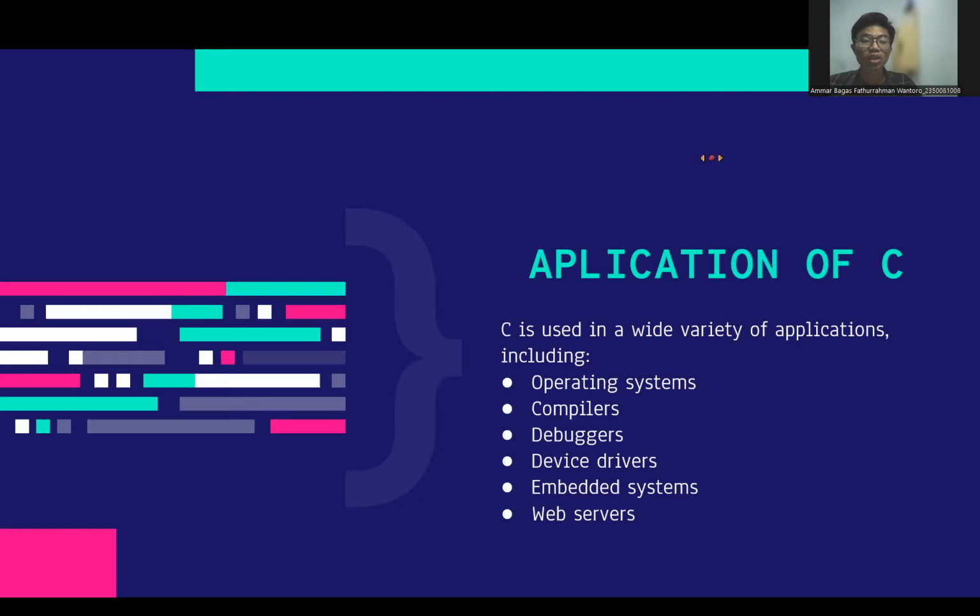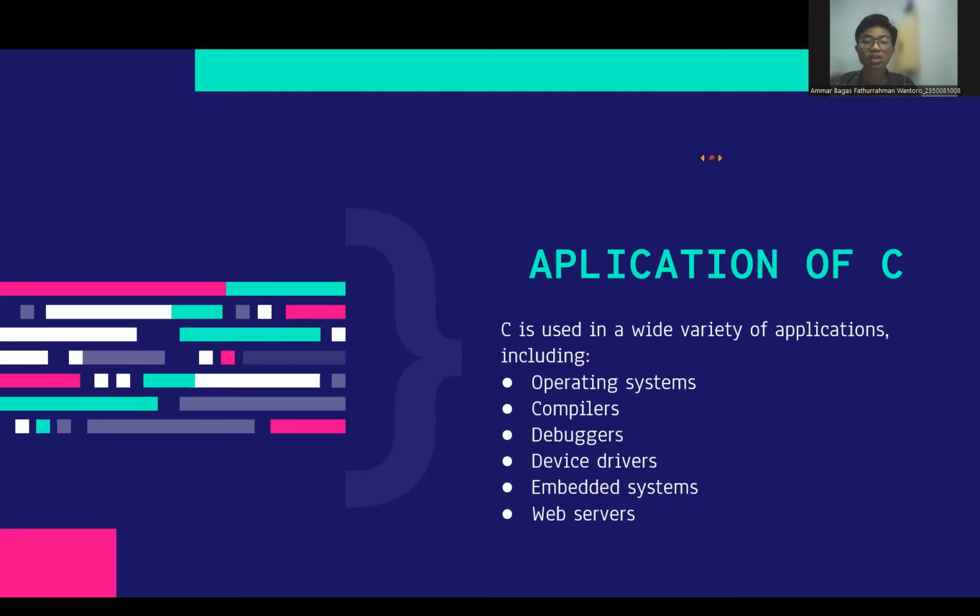In compilers, the compilers are written in C. This allows compilers to be efficient and portable. In debuggers, C debuggers are also written in C. This also allows debuggers to be efficient and powerful.